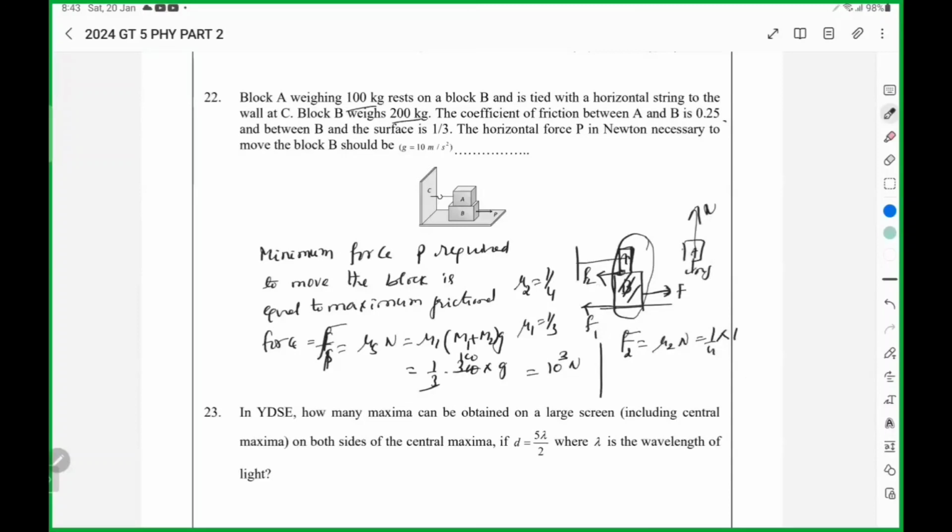A is 100 kg into g. It is 250. Max total friction 1000 plus 250, 1250 newtons.